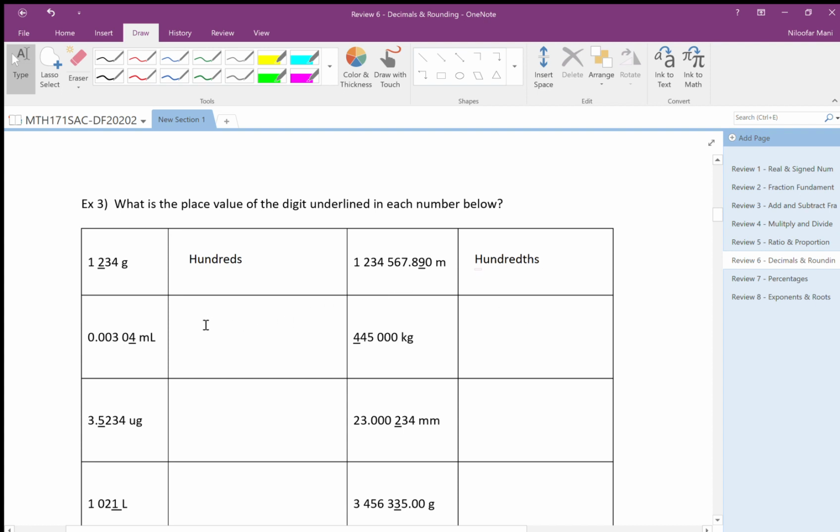Right? How about this one? Oh wow, there are several digits after the decimal. So this is tenth, hundredth, thousandth, 10,000th, 100,000th. So I can write it here.